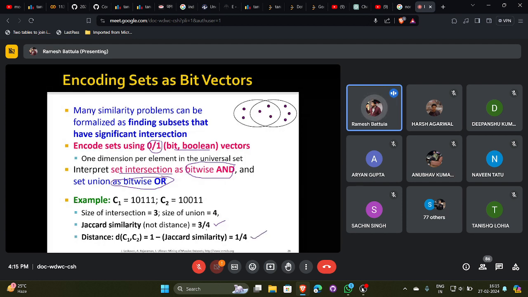The Jaccard similarity is going to be 3 by 4, and the Jaccard distance is 1 minus the Jaccard similarity, which is 1 by 4.